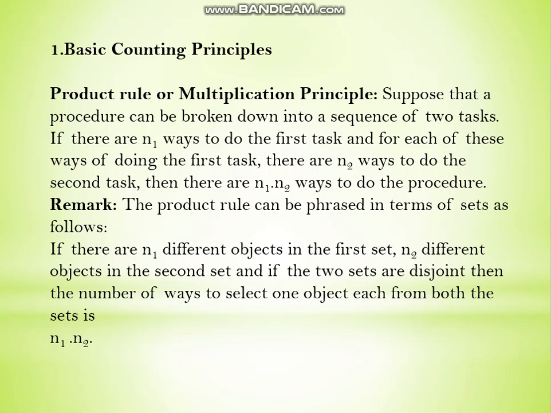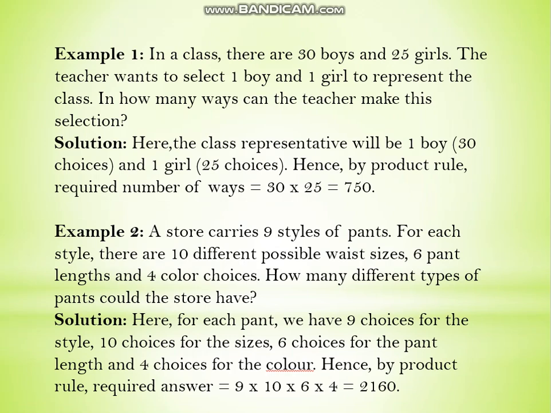Let us understand this by means of an example. Suppose in a class there are 30 boys and 25 girls, and the teacher wants to select one boy and one girl to represent the class. In how many ways can this be done? There are 30 boys, so one boy can be selected in 30 ways, and one girl can be selected in 25 ways.